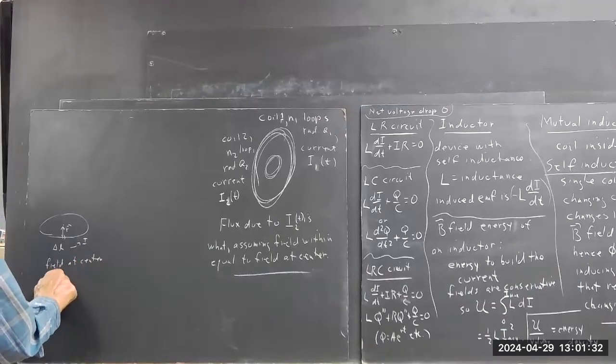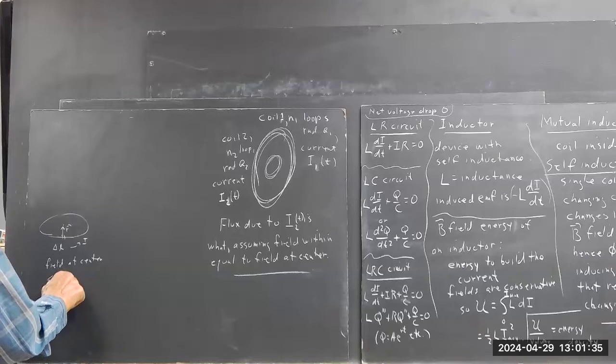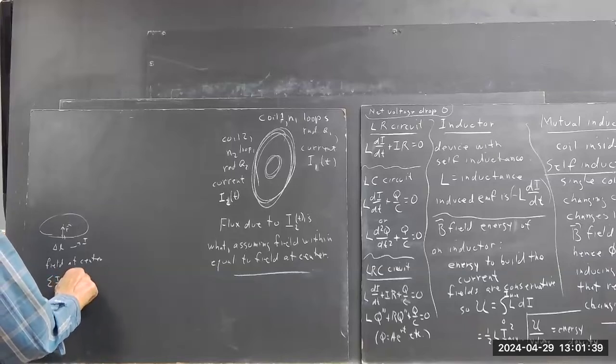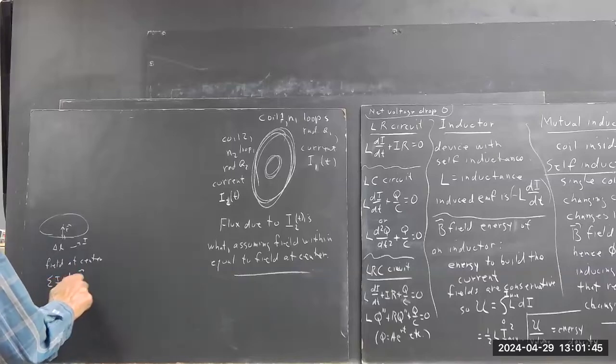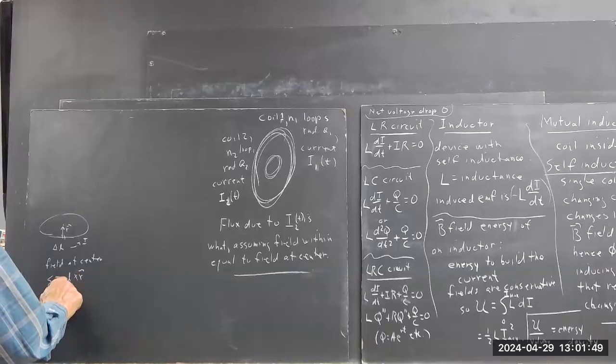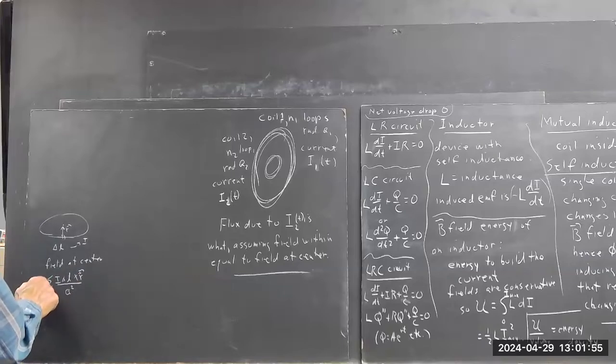So the field at the center is the sum of I delta L cross R, divided by A squared, all times K prime.